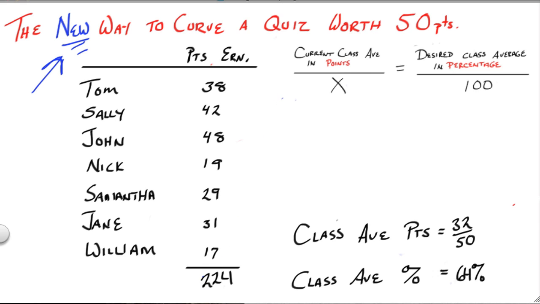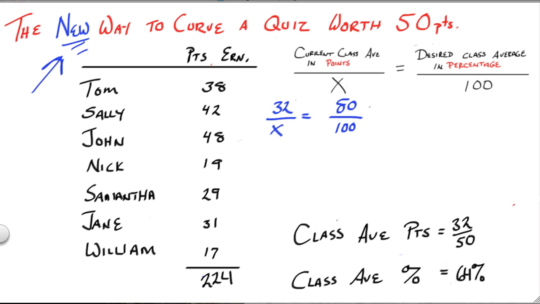So now we take the total number in points and put it over top of x. That's going to equal our desired class average in percent. I typically go for 80. As a matter of fact, if I have a class average that is less than 80, I'll usually implement this formula. So 80 over 100 is how we run this.